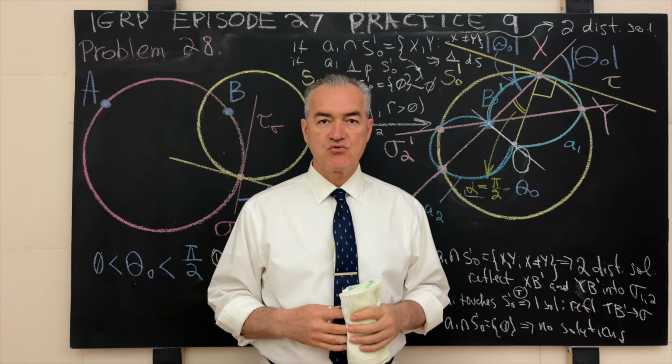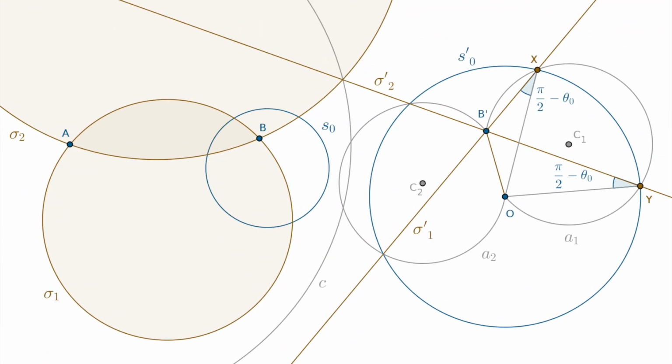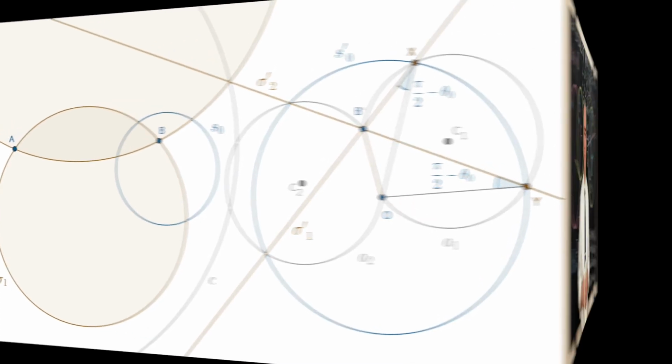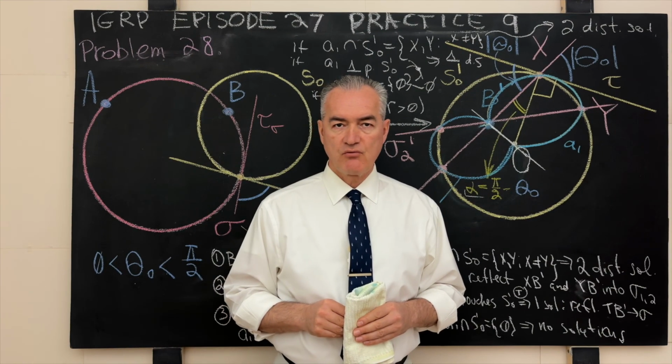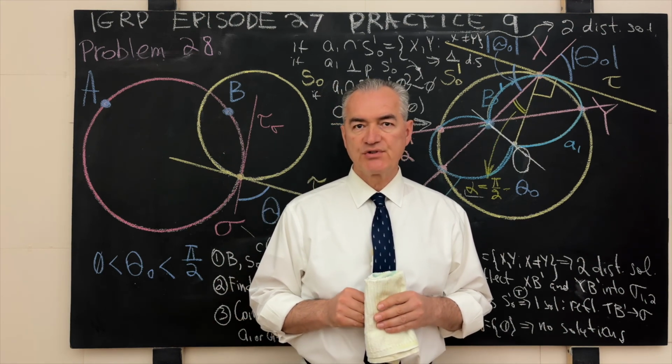I prepared this image for you using the free software called GeoGebra. And this concludes the solution of problem number 28. This also concludes our episode and concludes this practice session.